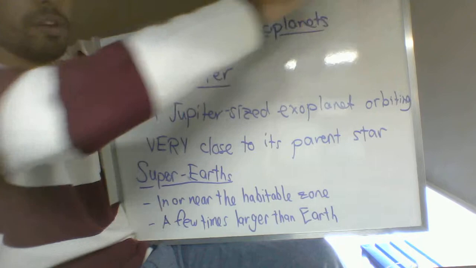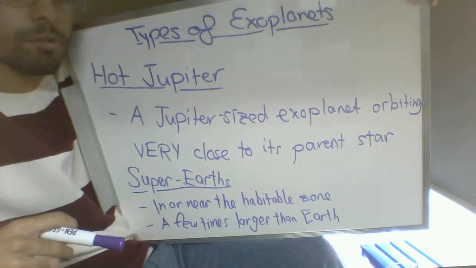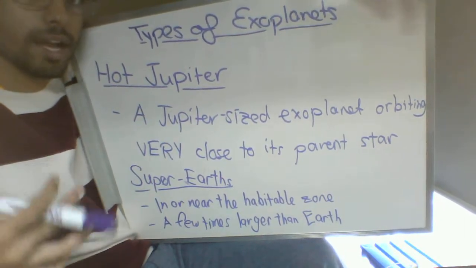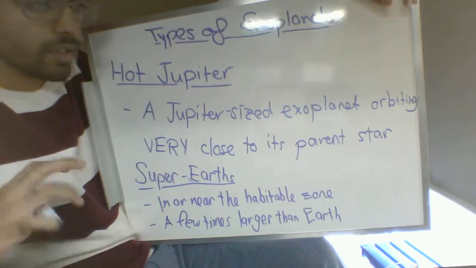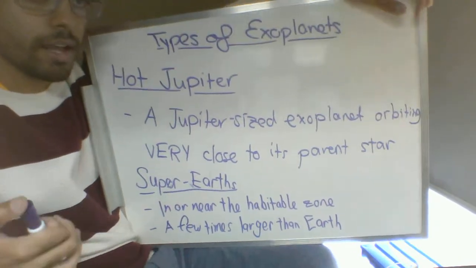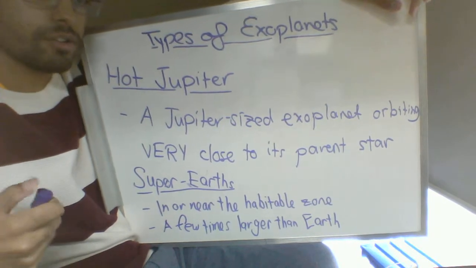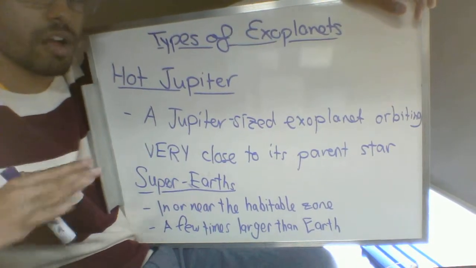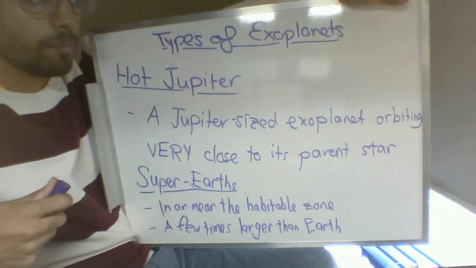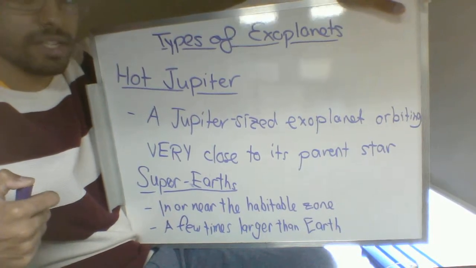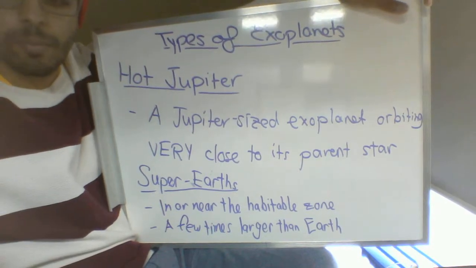So even if we found one in the habitable zone, it would be difficult for creatures like us to actually live there. But with super-Earths, they might still be bigger and have a slightly stronger gravitational pull, but they might be sort of survivable. Now, there are Earth-sized exoplanets as well, which are tremendously difficult to find just because they're so small.